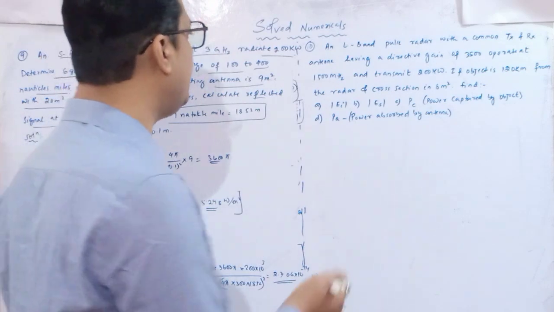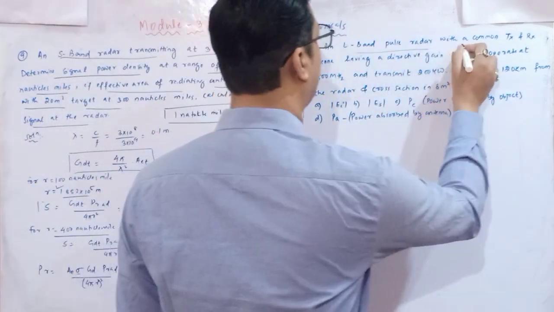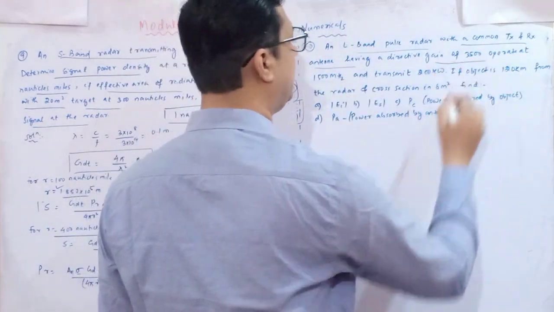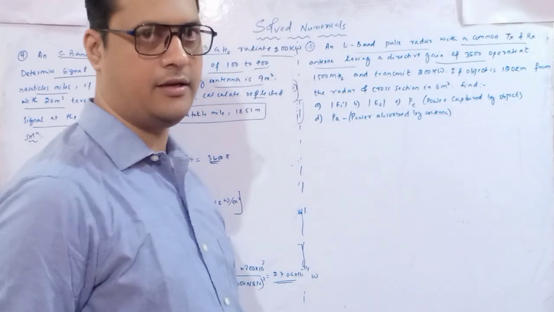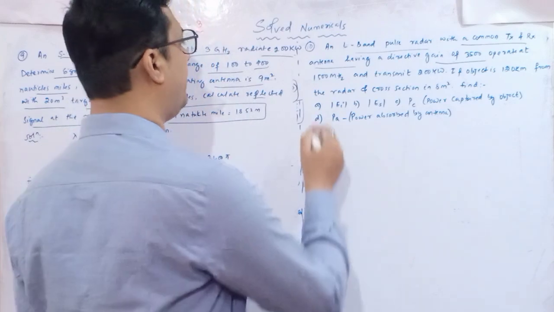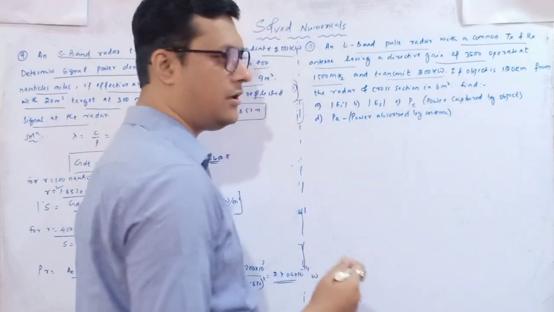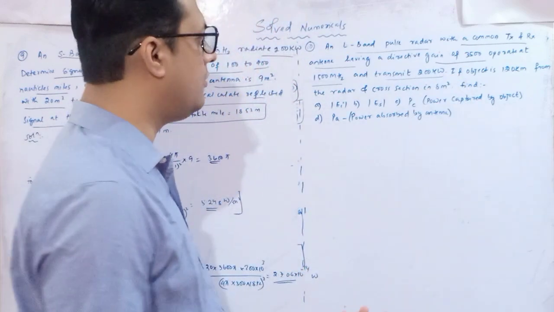So here you can see an L-band pulse radar with a common transmitter and receiver antenna. Directive gain is 3500. GD is given, and it operates at 1500 megahertz, transmitting a signal of 200 kilowatt.